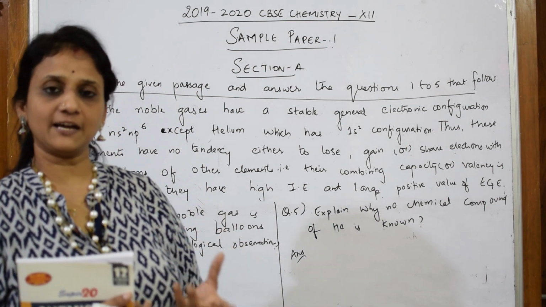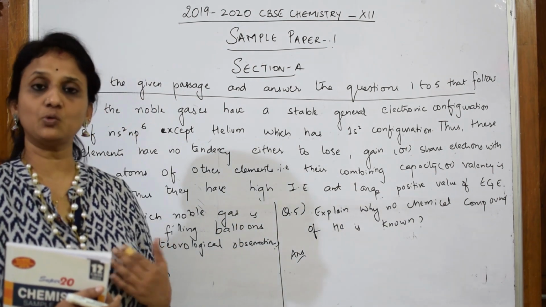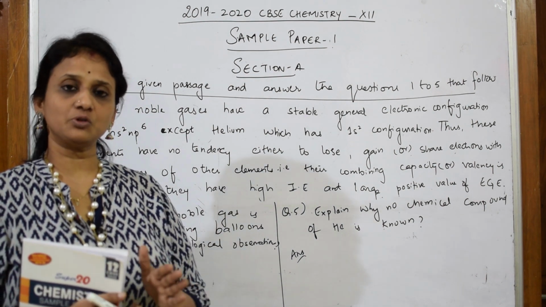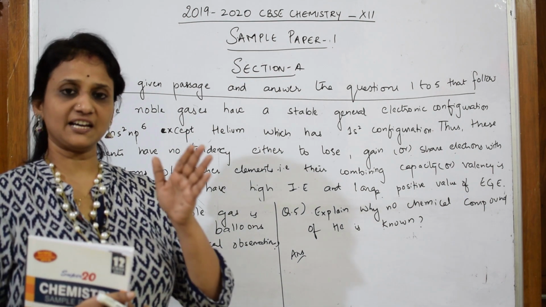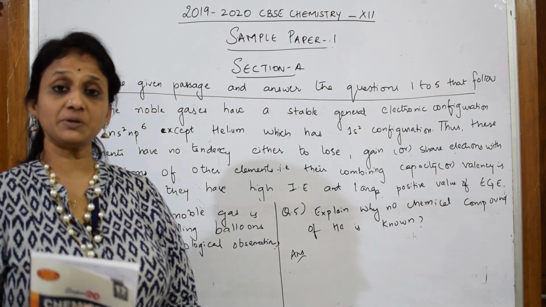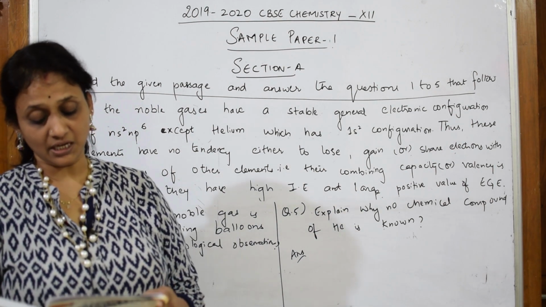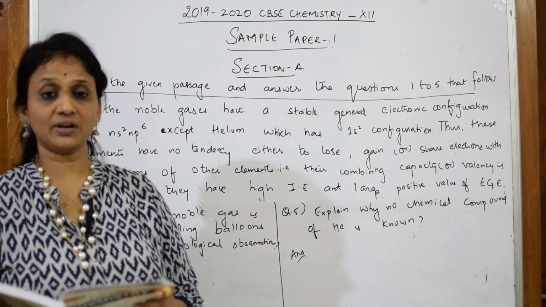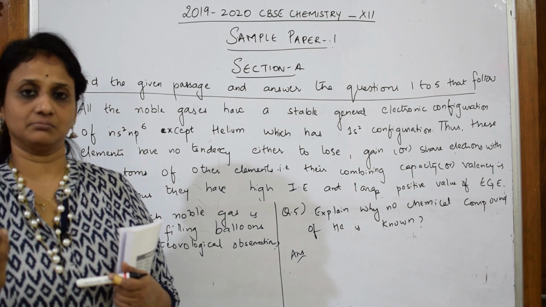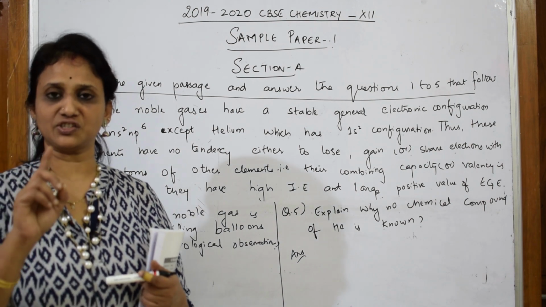Whenever I have to form a chemical compound, when 2 atoms combine together to form a compound, I require a certain amount of bond dissociation. Means I have to break the bond, then form a new compound, correct? So if I have to speak about helium, in the question they said why no compound is known, right? So when I have to break or take out one electron from helium, which has duplet configuration, 1s2, isn't it?